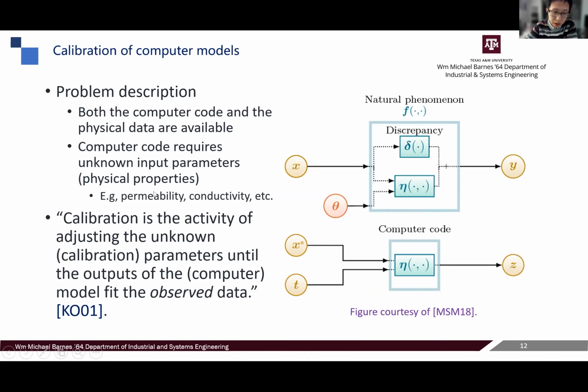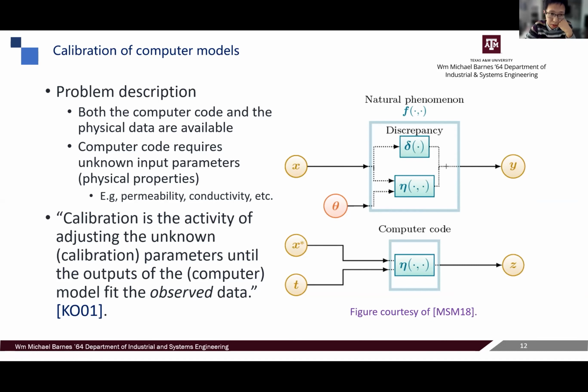Those are physical constants or parameters in that system, which you may not have 100% accurate knowledge about, what the values should be in the model.